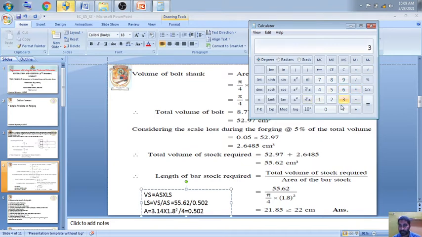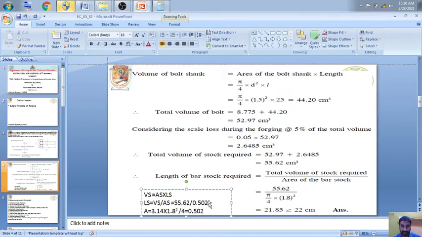So 3.14 times 1.8 square divided by 4 is 2.54. The area is 2.543. So the earlier value was wrong.